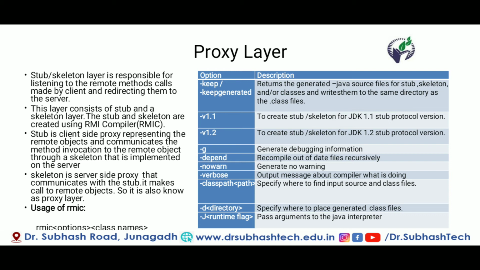So at the client side, one proxy remote object is generated, and it is used to fetch data from the server side, or to send the method call or request. The stub works as a proxy object, and the skeleton is also a proxy object, a server-side proxy object that communicates with the stub and makes a call to the remote objects, so it is known as the proxy layer.